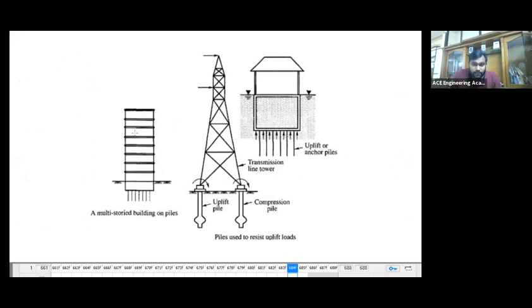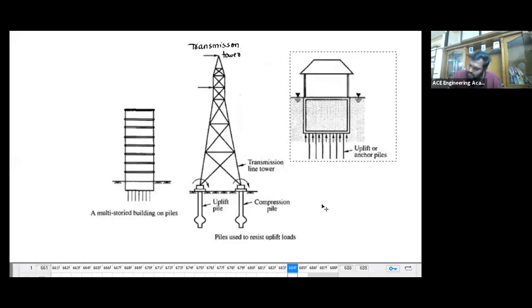See, in the case of the multi-story building, or in the case of the transmission tower, this is nothing but a transmission tower line. And in the case of any structure which is having a basement floor, this is going to be the basement floor, right? Yes.